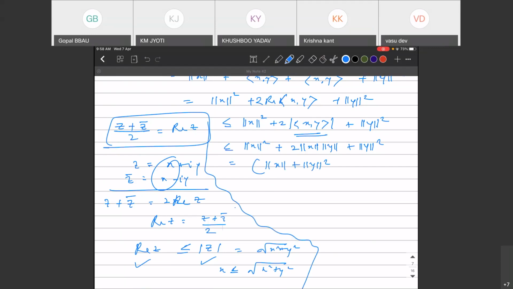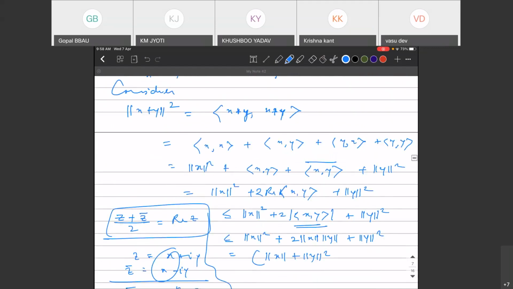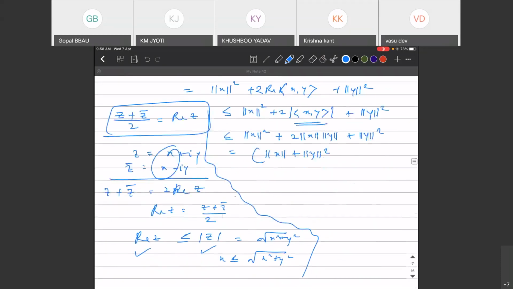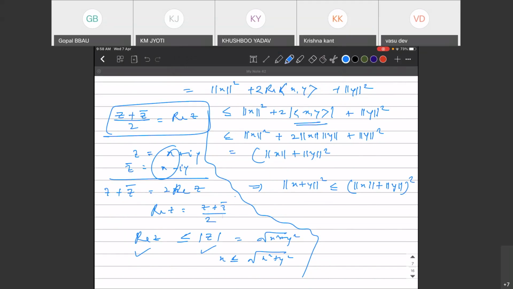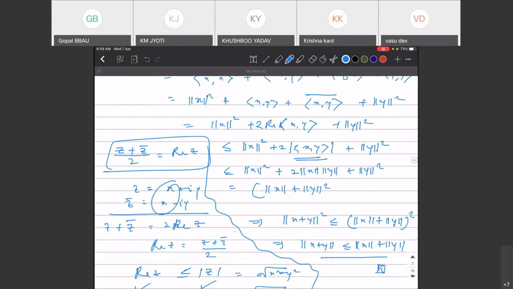So what we have proven is that ‖x + y‖² is less than or equal to (‖x‖ + ‖y‖)². Take the square root on both sides to get ‖x‖ + ‖y‖. So this means the triangle inequality holds, and we are done.